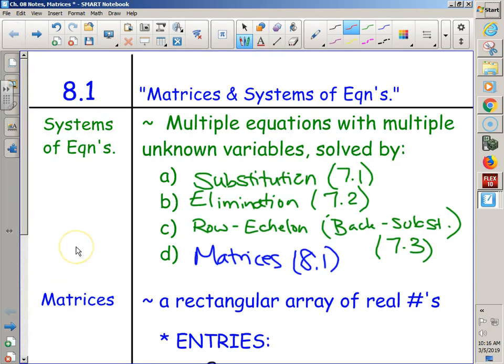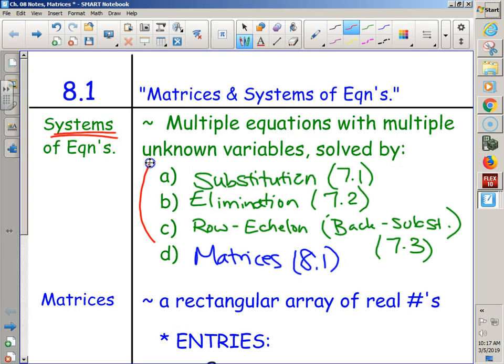Because at the very beginning of notes yesterday, we said, okay, why is this book starting matrices in such a difficult way? Because chapter 7 had us solving what? Systems ending in row echelon form. With substitution, elimination, row echelon form. Row echelon form was with equations, back substitution. But now we can actually do that with matrices. Take out all the x's and the y's and the z's. Take out all the wording of eliminate x, row 1, row 2.